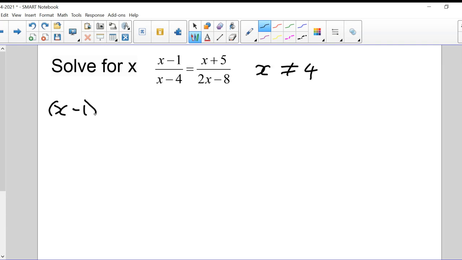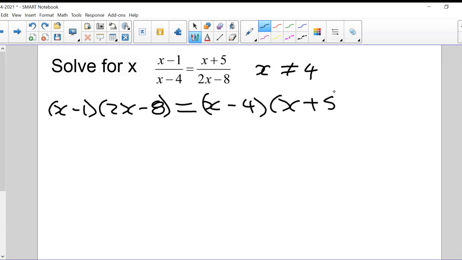So x minus 1 times 2x minus 8 is equal to x minus 4 times x plus 5. Okay, so I'm going to multiply. I'm going to do the filing thing.